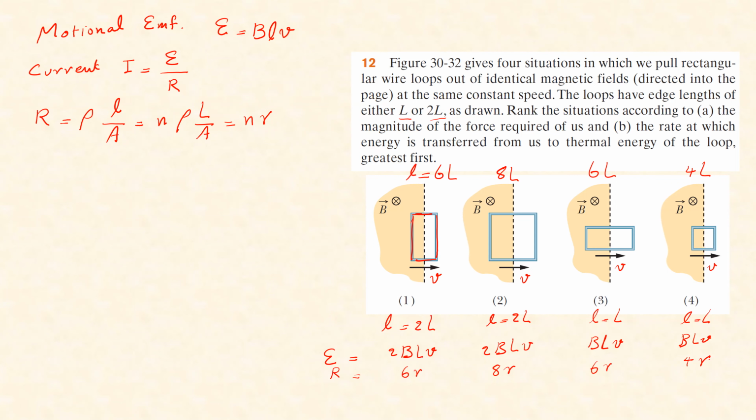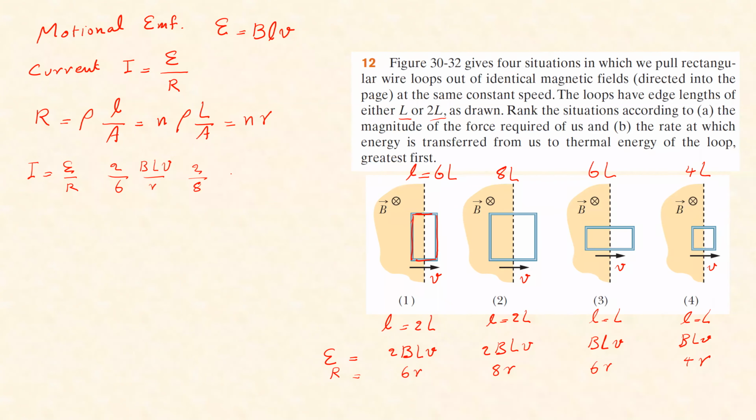And then what is the current? The current becomes E over R. The current, which is E over R, we can write for the first one will be 2 over 6 of BLV over R. For the next one will be 2 over 8.